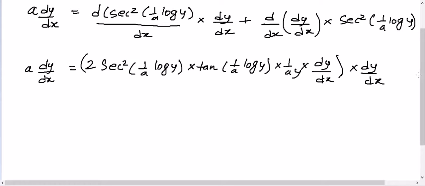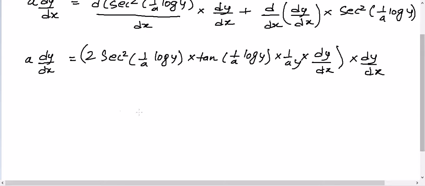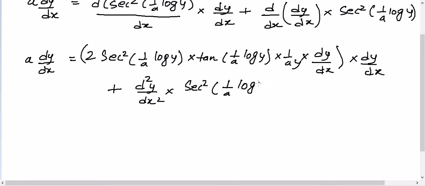That is the first part only, guys, okay? That is till the addition. Now plus continuing, derivative of dy by dx is d square y by dx square, right, into sec square of 1 by a log y. Cool.